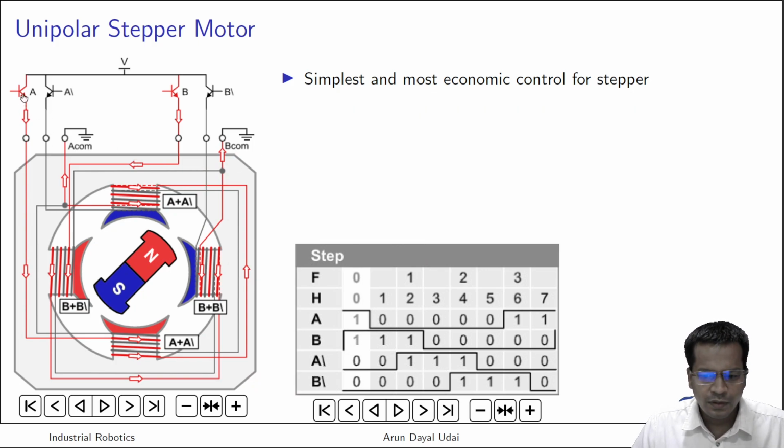I'll energize one by one and you can understand on your own how it is working. Let me run this. At this moment, what you see is a north pole which is attracted towards a south pole, and A and B are both high.